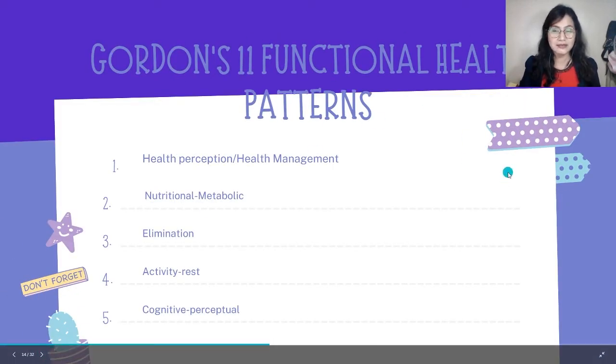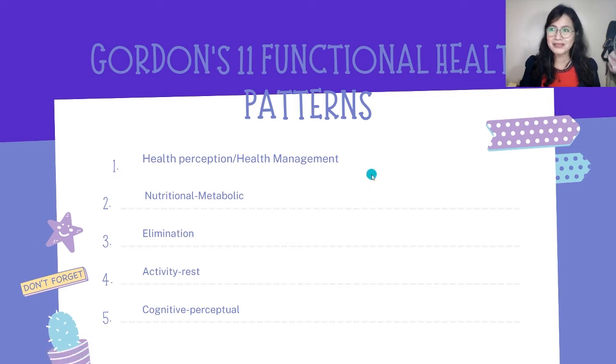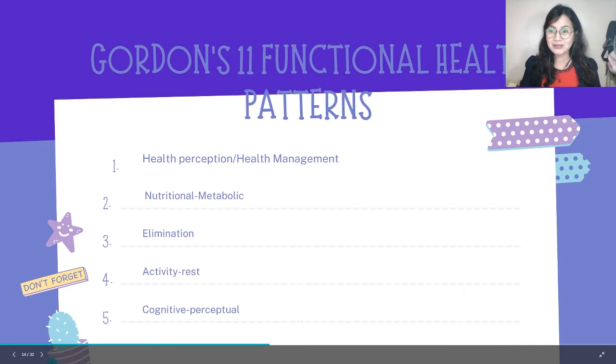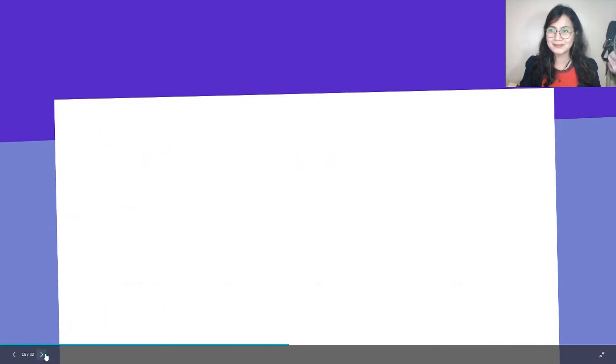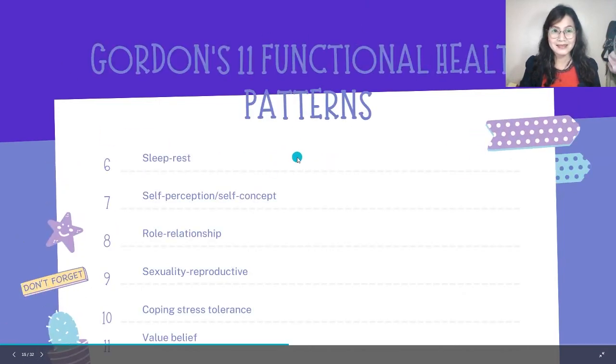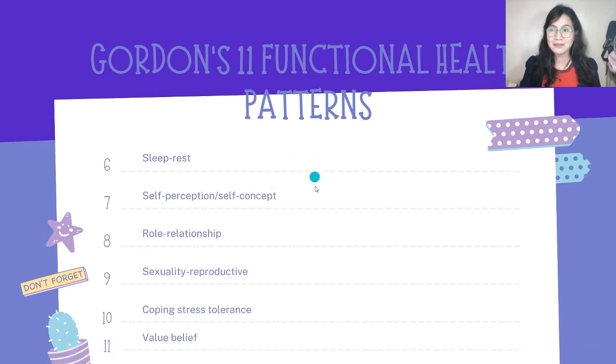Gordon's 11 functional health patterns. First, health perception or health management. Second, nutritional or metabolic. Third, elimination. Fourth, activity exercise. Fifth, cognitive perceptual. Sixth, sleep and rest pattern.